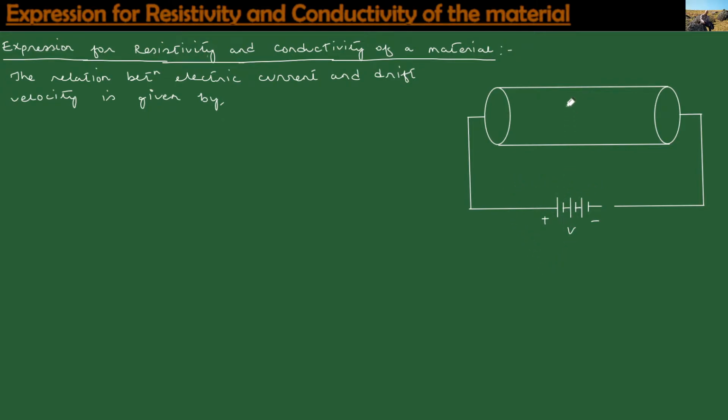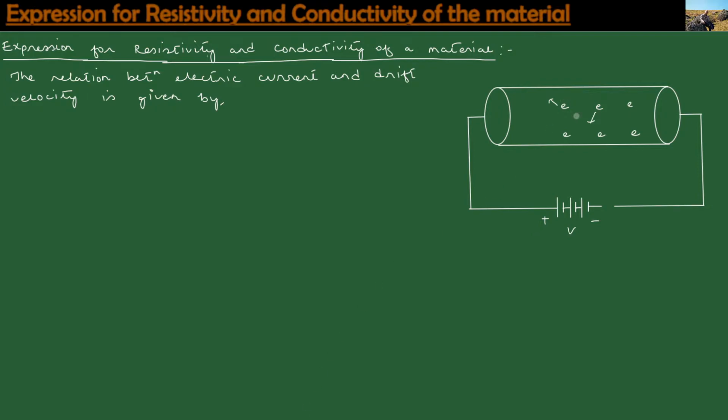In this case, we have considered the wire in the form of a cylindrical shape. Let us reiterate that there are free electrons inside this conductor, and all these free electrons will be moving in different directions, or they are in a state of random motion. That is what we have learned.